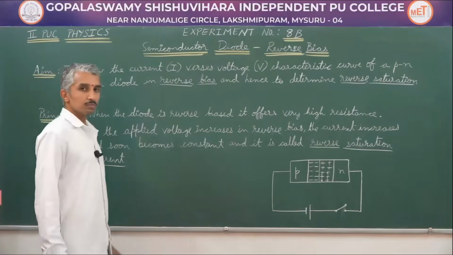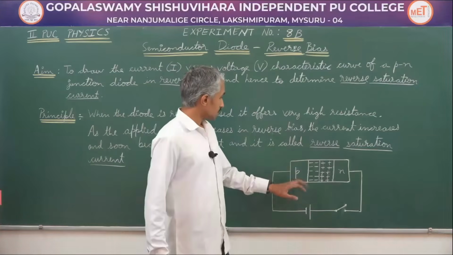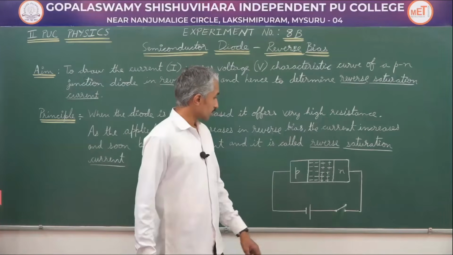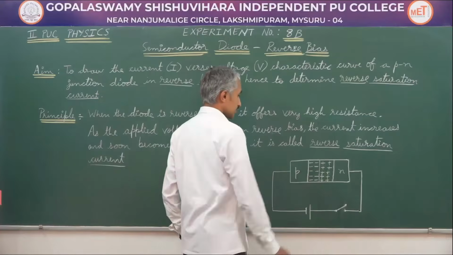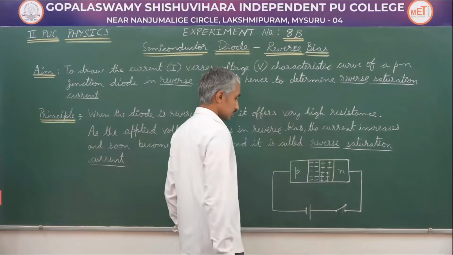saturation current. In NCERT, you will find this diagram. I have a diode which has P type on one side and N type on another side, and we have a junction. On either side of the junction, we have the space charge region, or we have immobile charges.